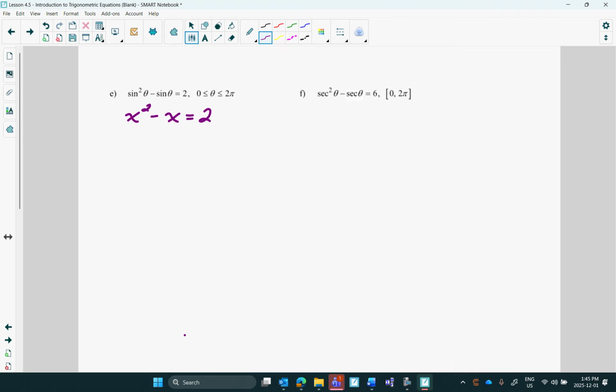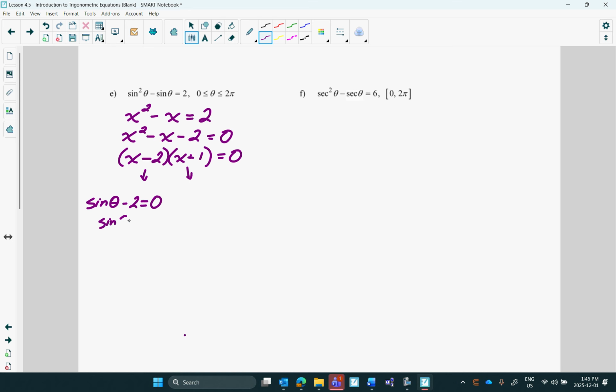Okay, so I have to move the 2 over so I can factor. And I should get x minus 2 times x plus 1. And now I'm going to replace x back with sine theta. So sine theta minus 2 is equal to 0 for this one, or sine theta equals 2.